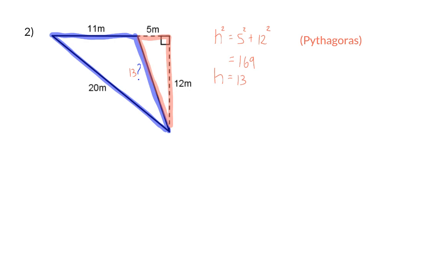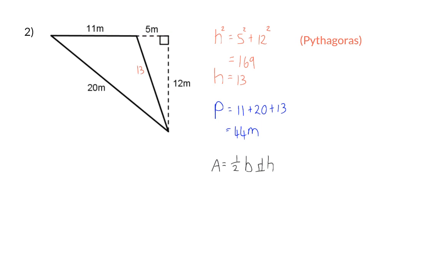So now I can determine the perimeter of this shape, and that will be 11 plus 20 plus 13, so the perimeter is 44 meters. For the area of a triangle, we have the formula a half times the base times the perpendicular height.